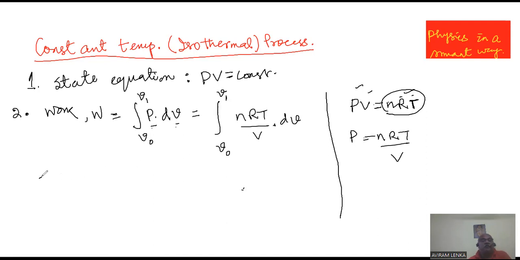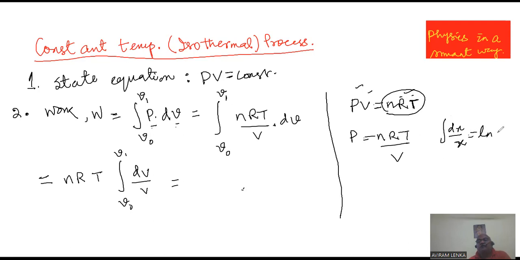Here n is constant, R is constant, T is constant, integration from V0 to V1 of dV by V. This is the integration of dx by x, and thereby the answer is ln x, that is a typical logarithm.